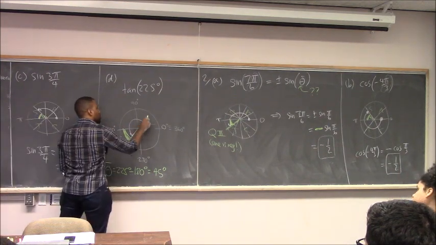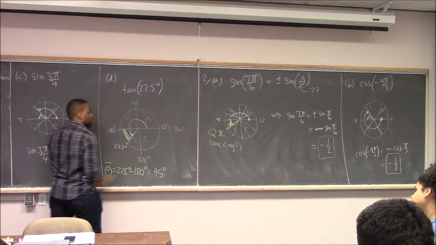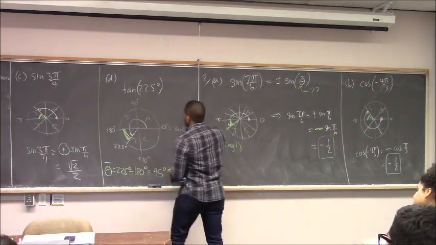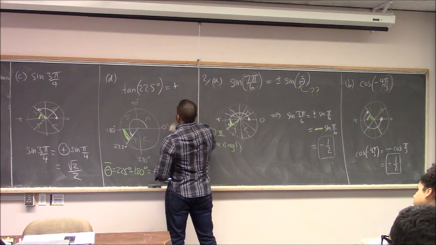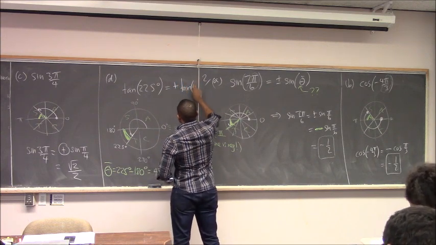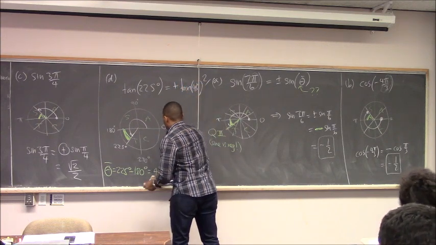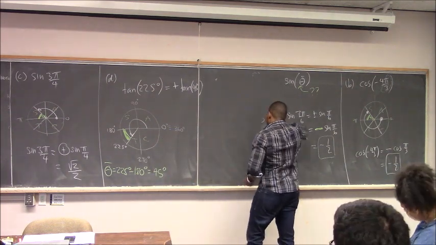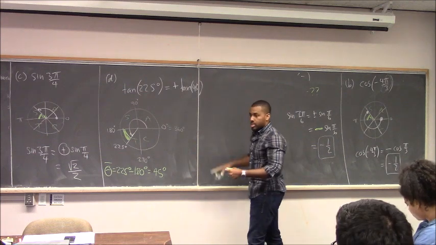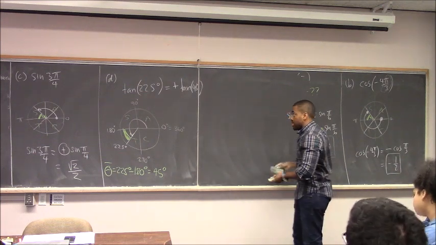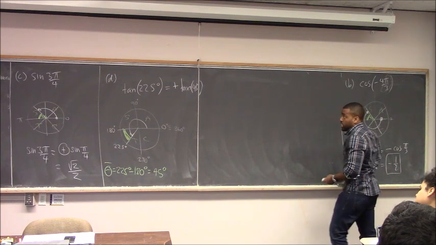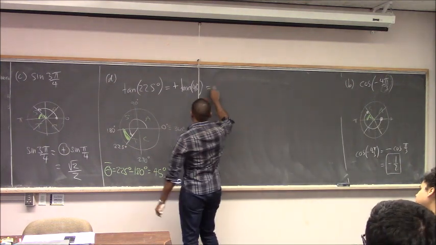Also, we know that all students take calculus, so the tangent is positive in that place. So this is equal to the positive tangent of 45 degrees. And what is the tangent of 45? It's 1. You can know that from the table, because you'll notice that the sine of 45 degrees and the cosine of 45 degrees are the same value, and the tangent is just the ratio of these. So this is just positive 1.